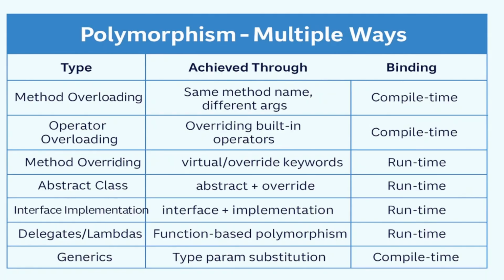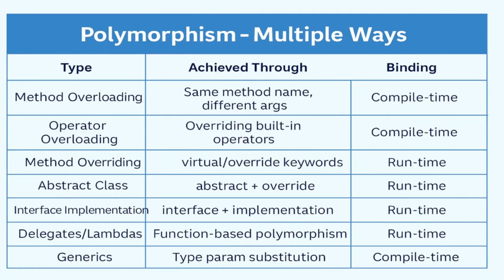Operator overloading is another one, which is again compile time, and you can achieve polymorphism in web API as well as enterprise level applications. Normally you don't use operator overloading a lot, but if you work with graphics classes or math like vertices, that is where people use operator overloading.